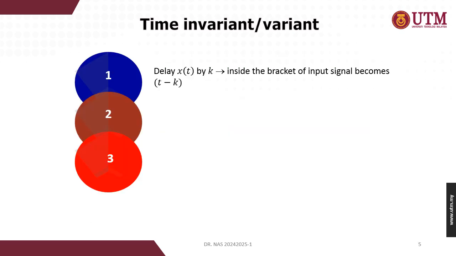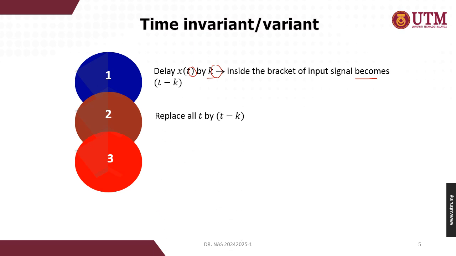Okay, there are generally three steps you need to consider in order to determine whether the system is time invariant or variant. So the first step is to delay x(t) by k. Meaning that the t or n inside the bracket must be delayed by k, so the equation becomes t minus k.